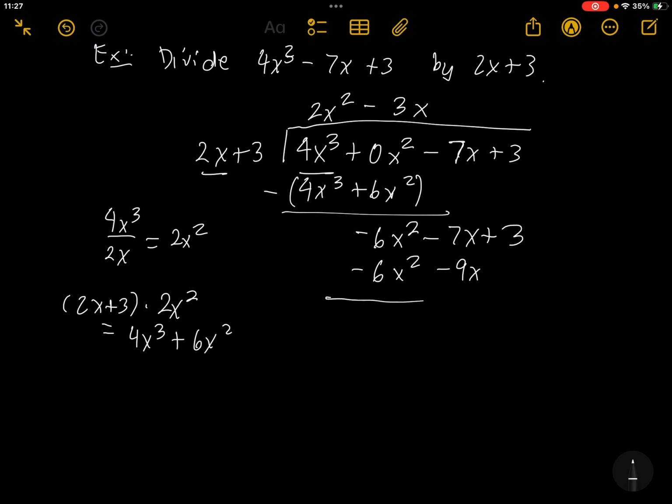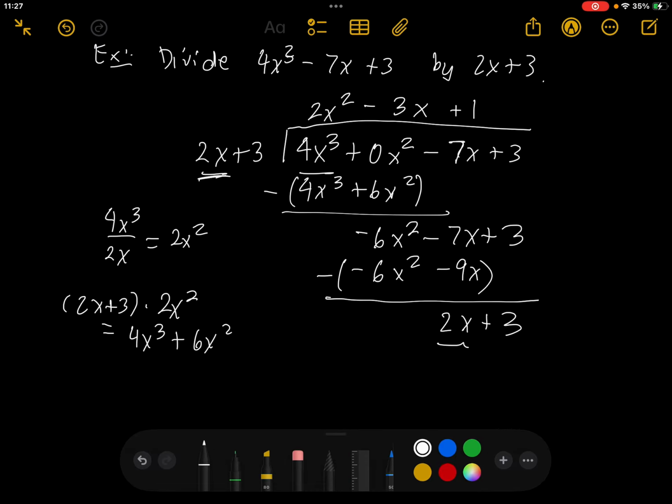And then we subtract, and we get negative 7x plus 9x is 2x, plus, and then you have the plus 3 still. And now we know what the last term is. We divide 2x, this first term here, by the 2x here, we get 1. So plus 1, that gives us 2x plus 3, and then when you subtract, you get 0.